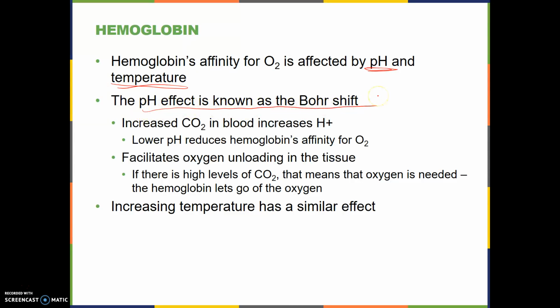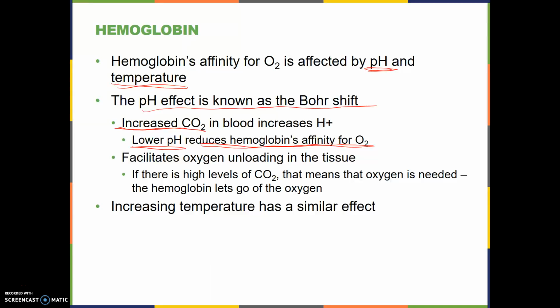Basically when carbon dioxide levels are increased in your blood, that also increases the hydrogen ion concentration, which lowers the pH. And lowering the pH lowers hemoglobin's affinity for oxygen. So increased carbon dioxide in the blood lowers the pH, which reduces hemoglobin's affinity for oxygen.